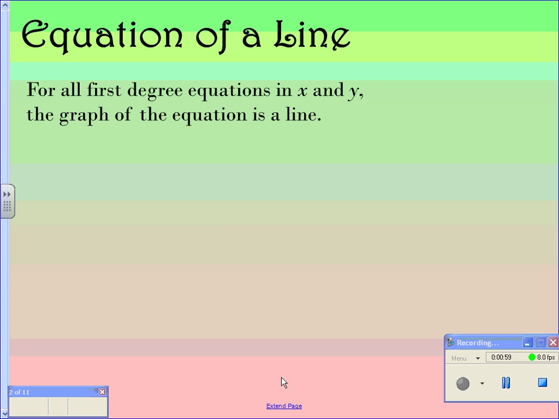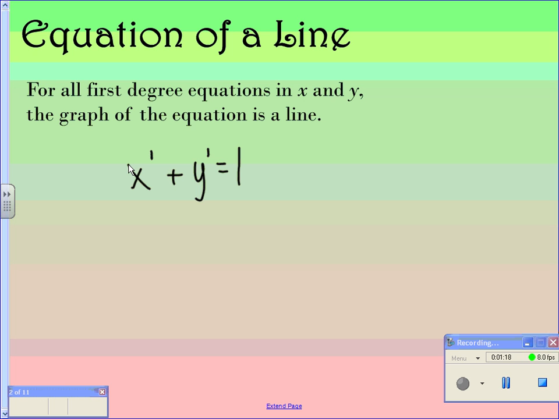What does it mean by first degree? X to the 1 and y to the 1. That is going to be a line whenever you graph it.